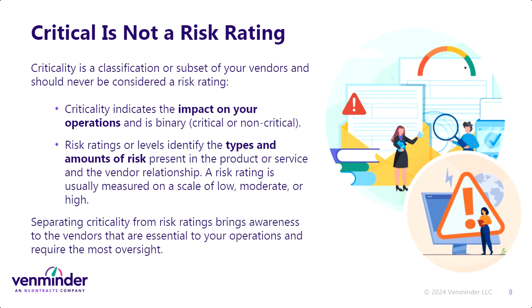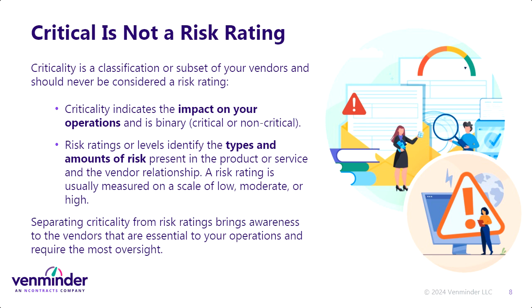One point I want to emphasize is that the term critical is not a risk rating, which is probably one of the biggest misconceptions about criticality. The concept of criticality identifies the impact on your operations and is binary rather than rated on a scale. On the other hand, a risk rating is something that tells you the types and amounts of risk that are present in the vendor relationship.